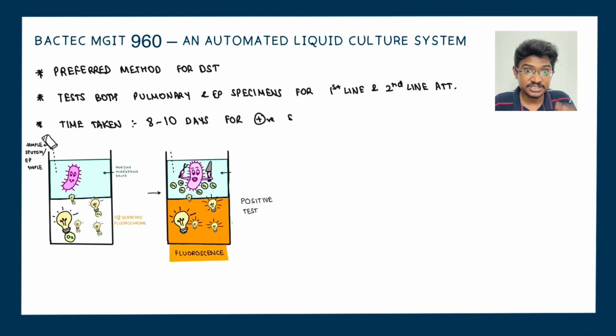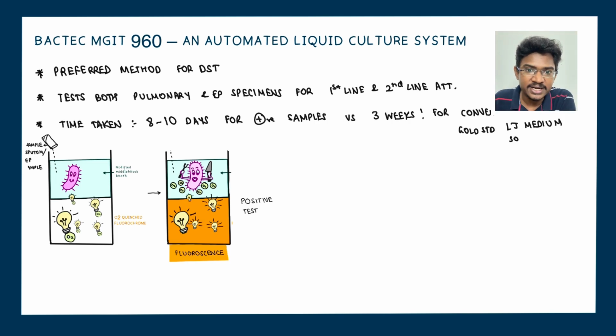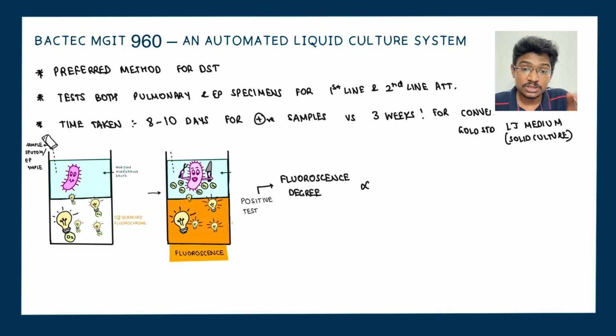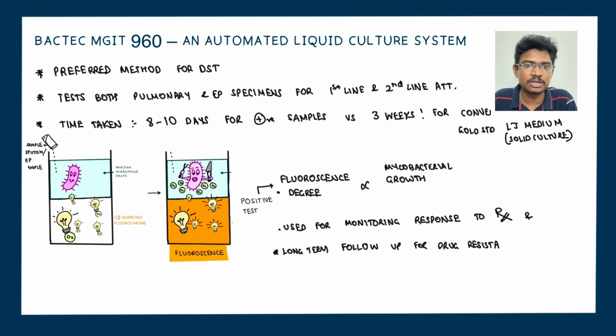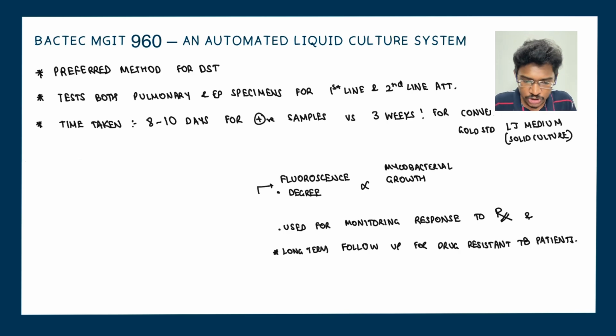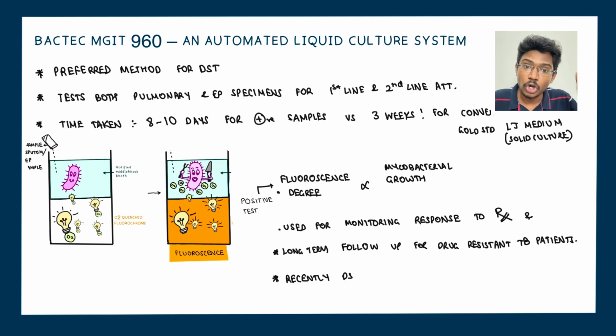The interesting point is the time taken, which is just 8 to 10 days, when you compare it with the gold standard solid culture medium, the LJ medium, which actually takes 3 weeks. It is used for monitoring the response to treatment, whether the drugs you are giving are still killing the mycobacterium or not. You can test it. And it is also used for long-term follow-up in drug-resistant patients.